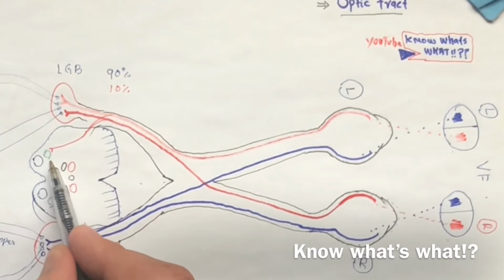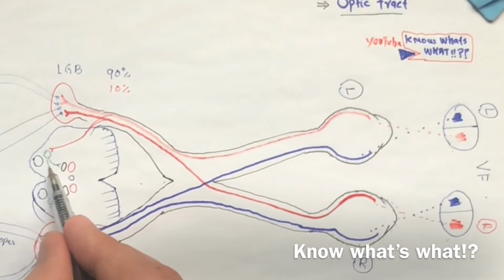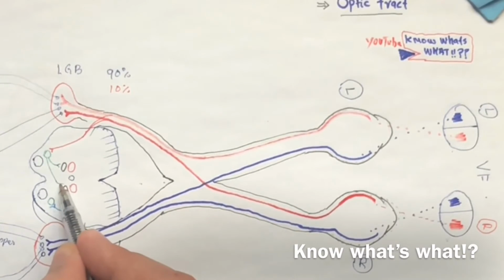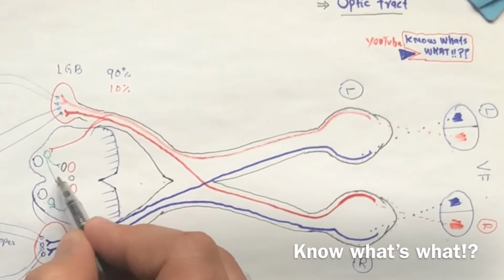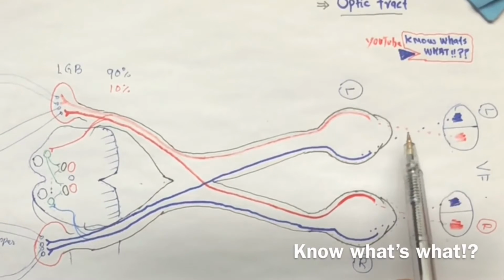So here it gives the fiber to the Edinger-Westphal to stimulate it, and it will also give fibers on the other side, and the same is from this pretectal nucleus to the Edinger-Westphal, and they cross and they give ipsilateral fibers.